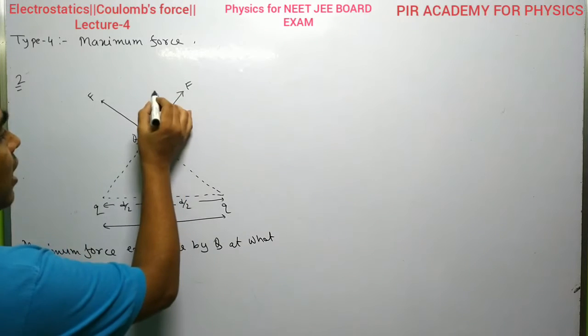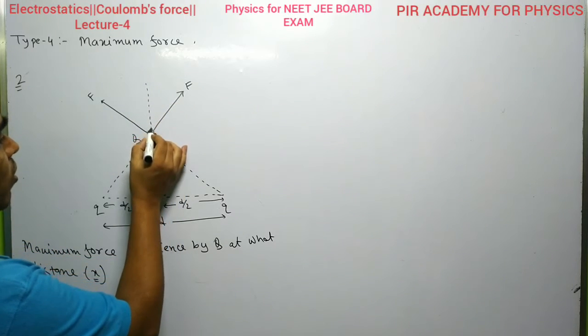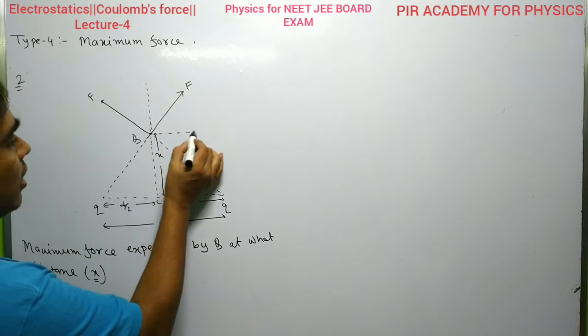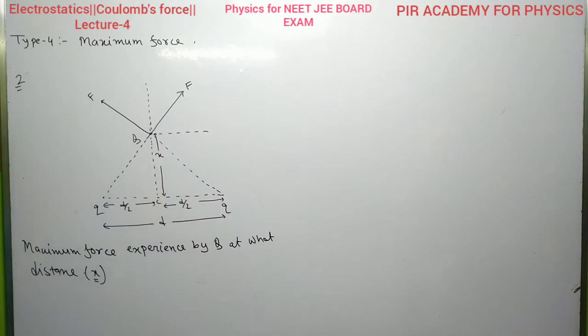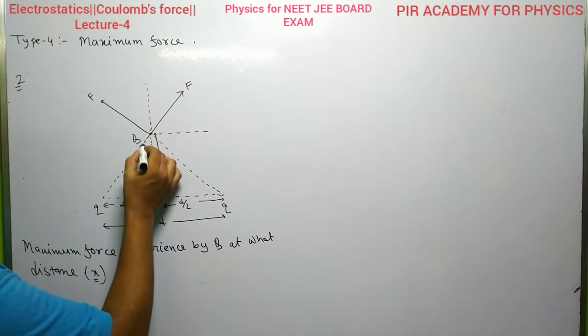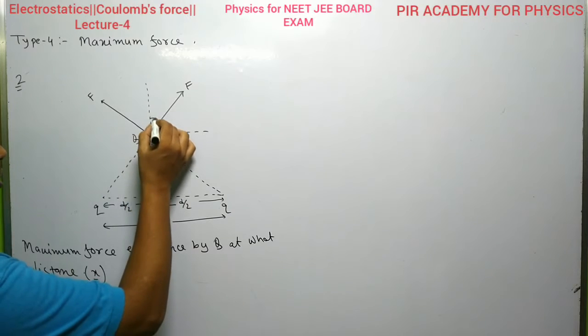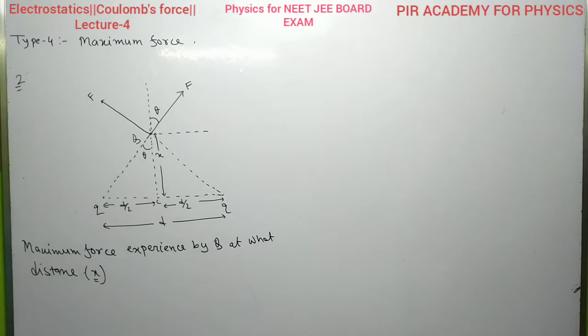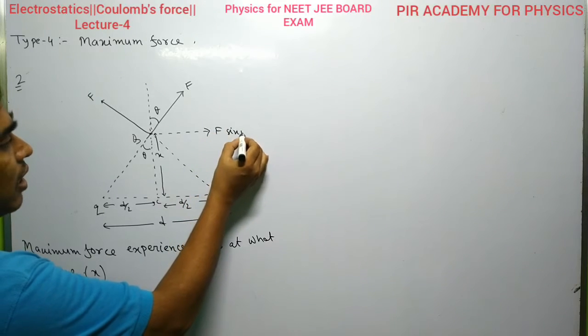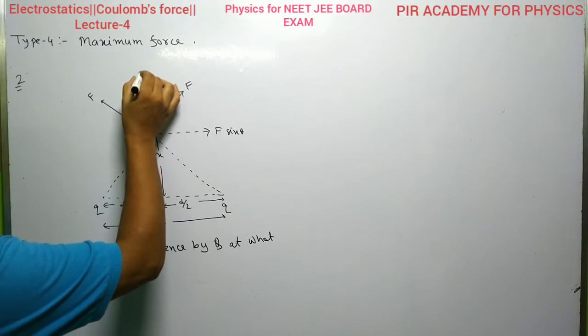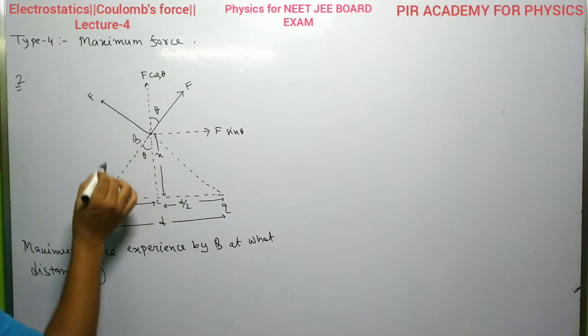So if I resolve these two forces in this way, suppose the angle between the two charges here is theta. So it will be F sin theta here, and F cos theta here.